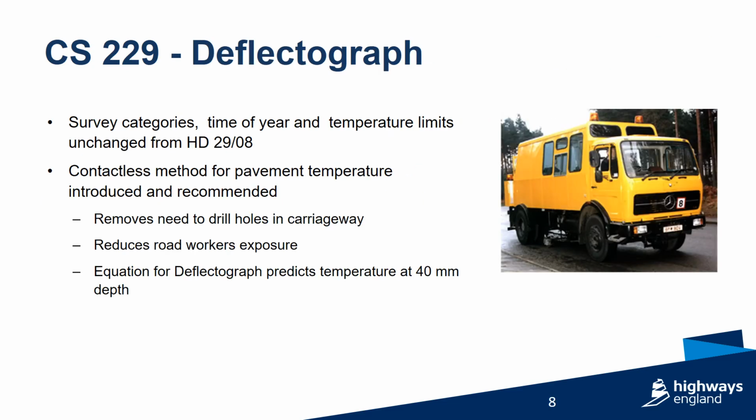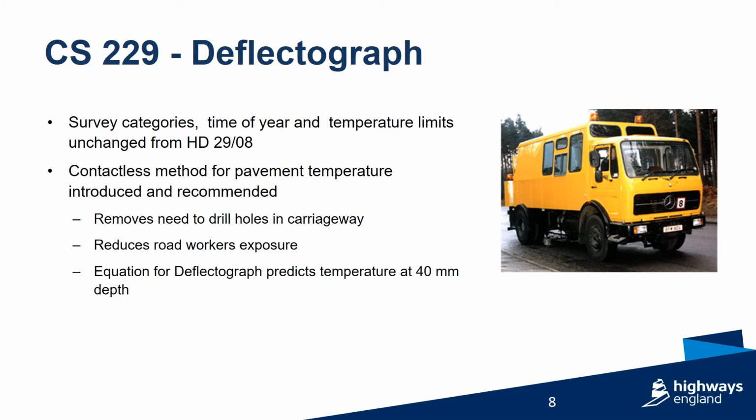The deflectograph is the main method used to assess the structural condition of the pavement at the scheme level. The survey categories, the time of year, and the temperature limits remain unchanged from HD29. The main change is the introduction of the contactless method for pavement temperature assessment.